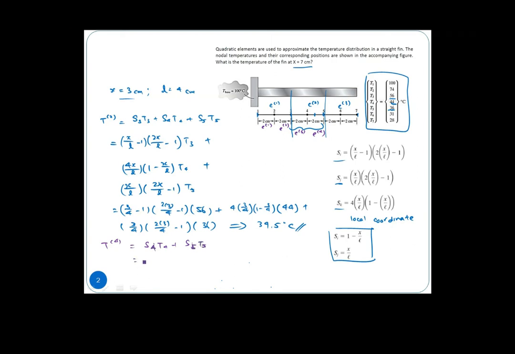Here our x in this case is 1 and our L is 2. Then we have 1 minus 1 over 2 times T4, which is 44, plus 1 over 2 times T5, which is 36. So it gives us 40 degrees. So that is a 0.5 degree difference compared to using the higher-order quadratic elements.